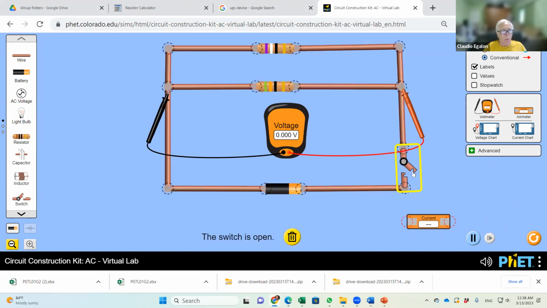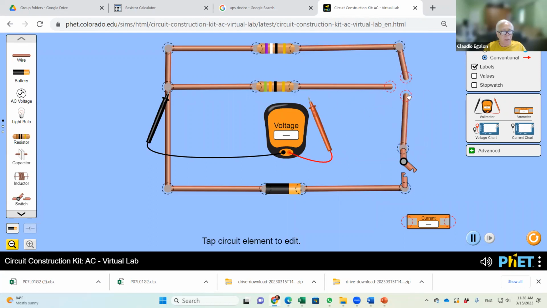I will open the circuit. And now I'm gonna get my ammeter inserted here. Let's take this one out. I'm gonna get my ammeter inserted here.